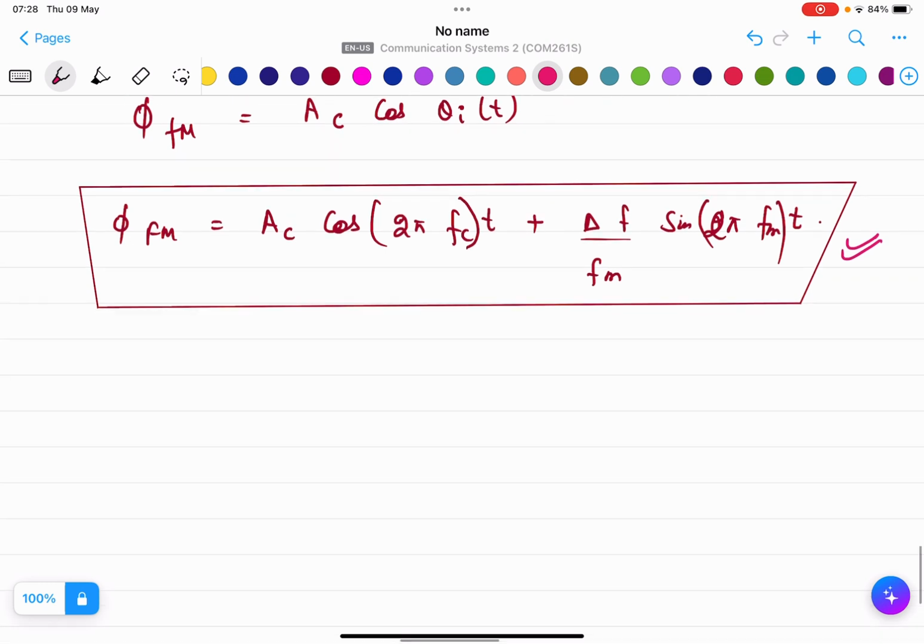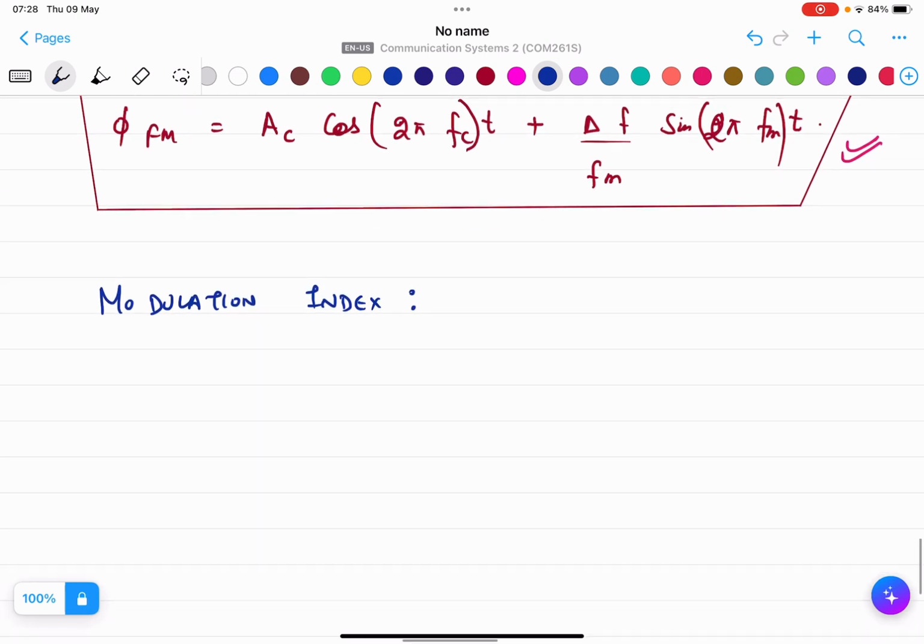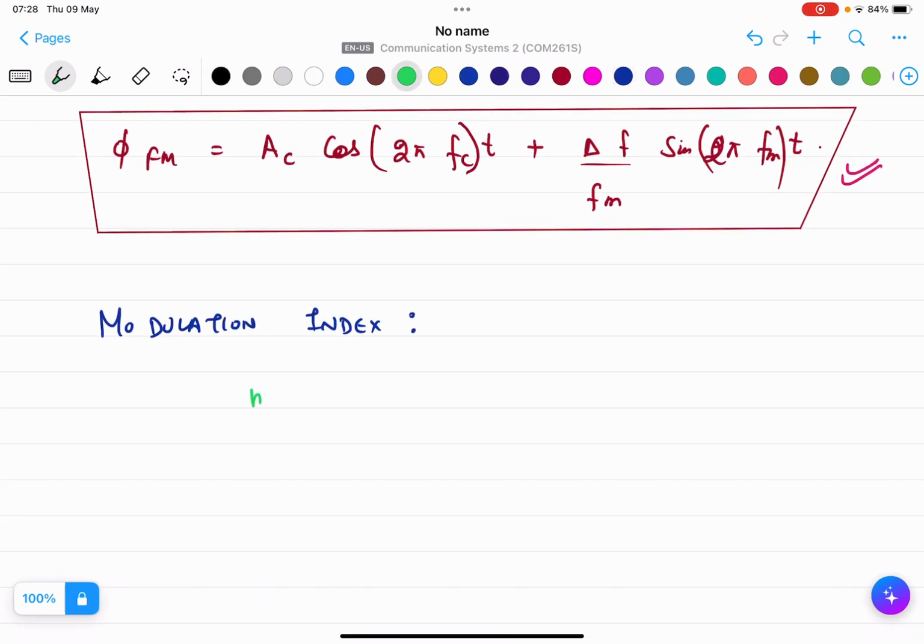Okay, now we will write the formula for the modulation index, like we did in amplitude modulation. For the frequency modulated waveform, mf equals delta f over fm.